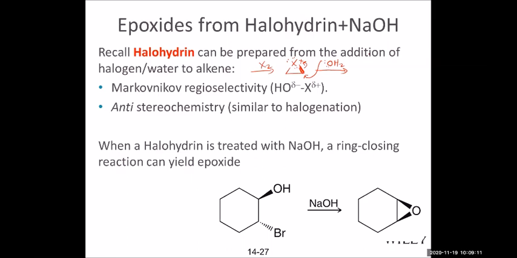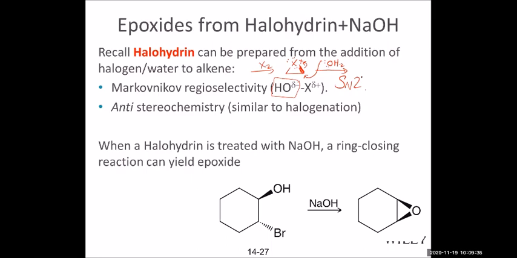The halohydrin formation reaction is Markovnikov, which means the OH group, which comes from the nucleophile, attacks the carbon with more substituents. And the reaction has anti stereochemistry because it is an SN2 reaction. Okay, so this is how the halohydrin is made.